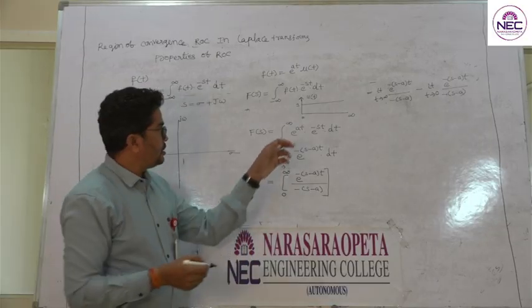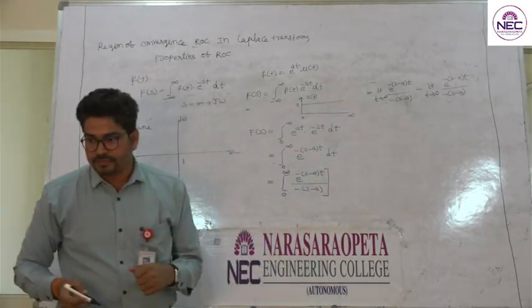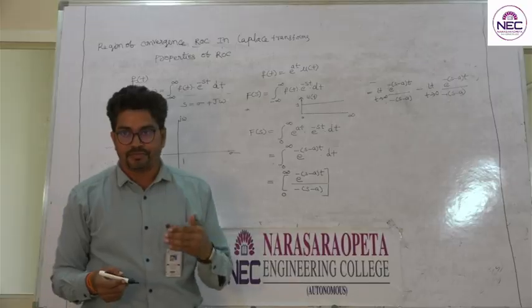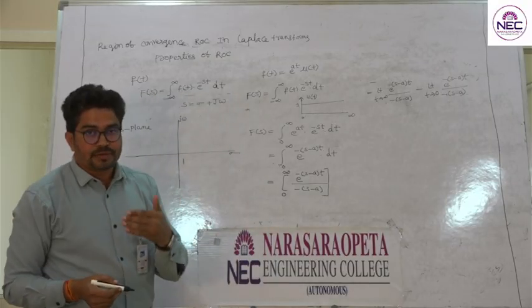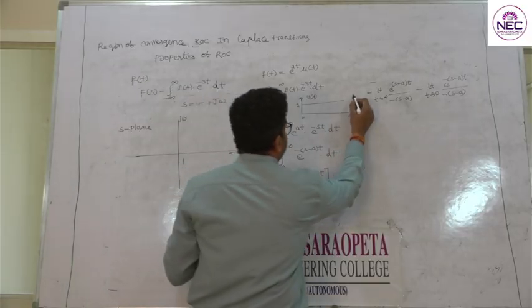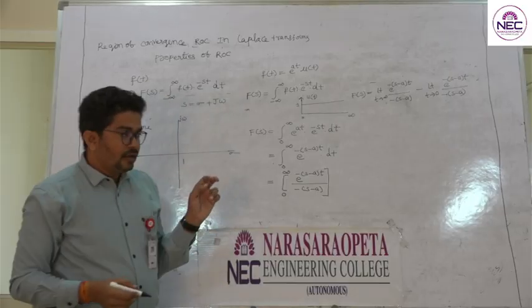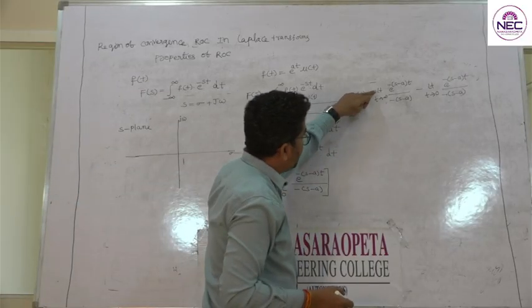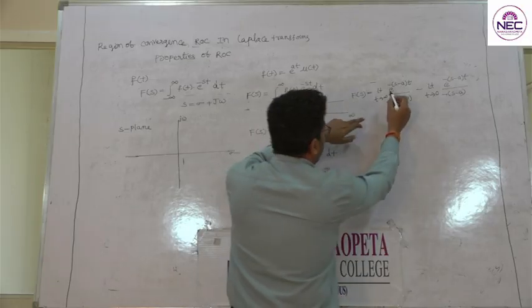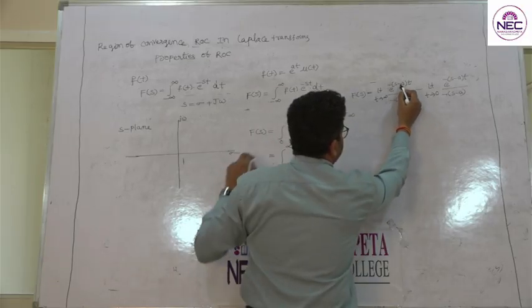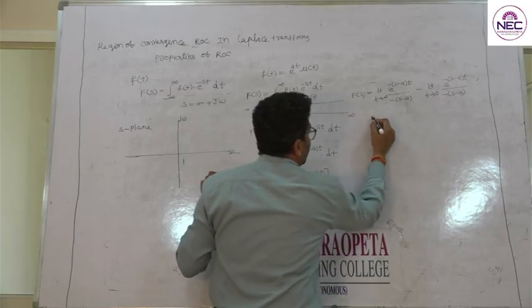Here the transform exists, or converges, if it has some finite value. Suppose F of s has some finite value. Consider the limit t tends to infinity of e power minus of s minus a into t.